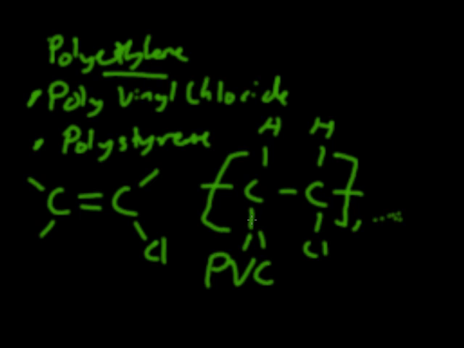And polystyrene is a bit more complicated. Still, it's got this double bond, so all of these are addition polymers. They've got the same chemical kind of reaction going on when they're formed.